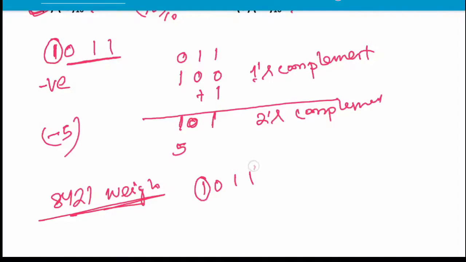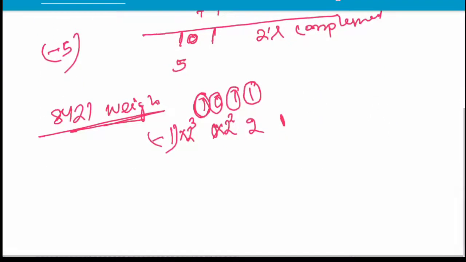This 1 has weightage 1, this 1 has weightage 2, this 0 has weightage 0 into 2 to the power 2, and this one has weightage minus 1 into 2 to the power 3. That means minus 8 plus 0 plus 2 plus 1.